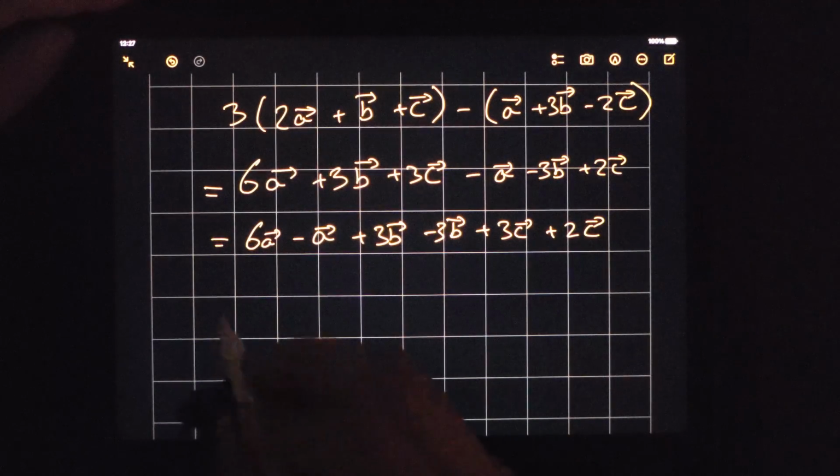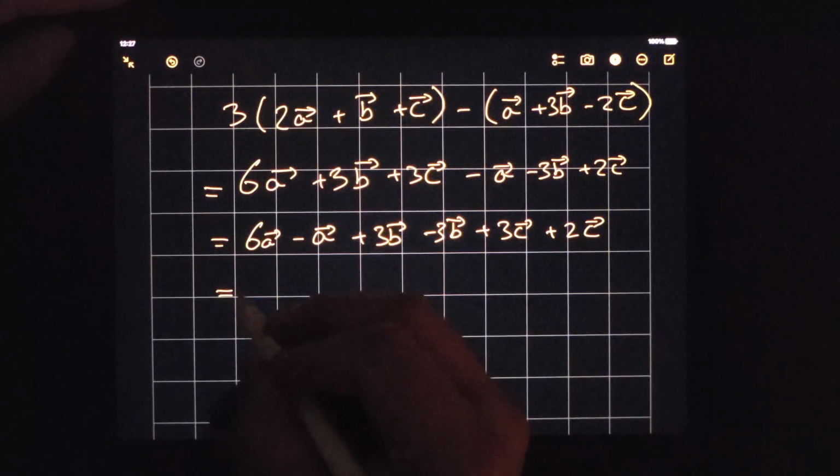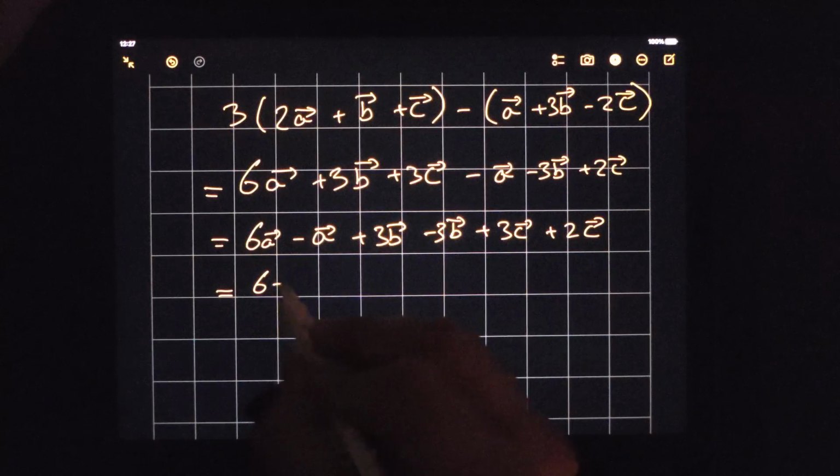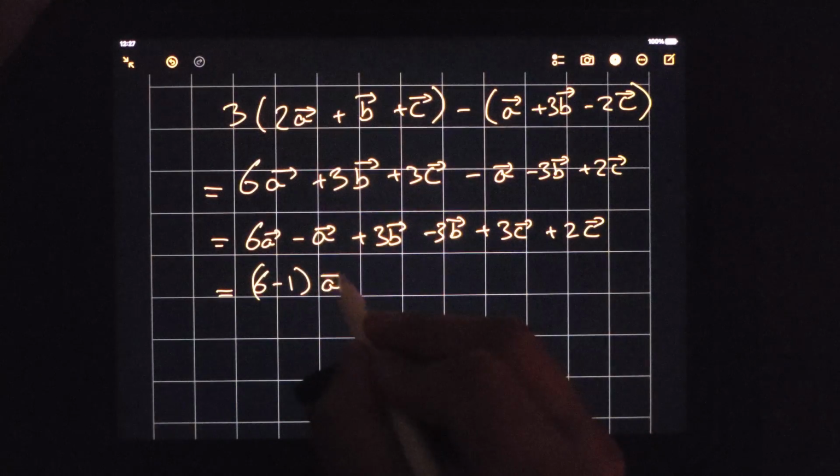And I know it looks pretty straightforward just to start adding them, but I want to show you the distributive property for scalars, which is that.